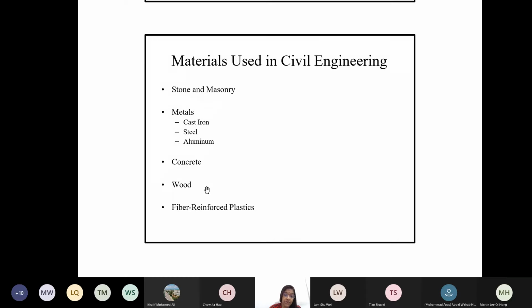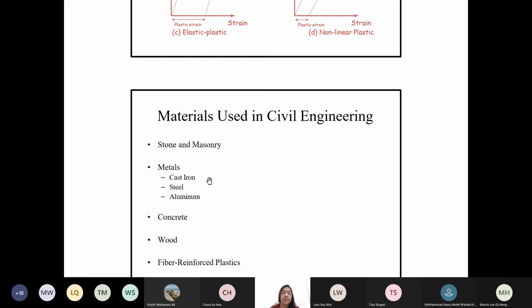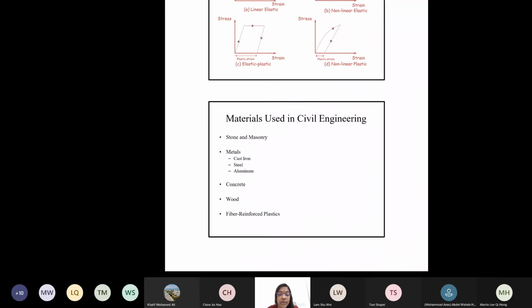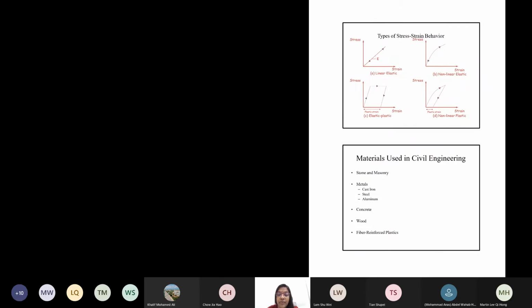Stone or masonry, it can be a wall, it can be a stone, or metals, cast iron, steel, aluminum, and concrete, wood, and fiber reinforced plastics. You just think of these materials and try to match them with this graph. I leave it to you, and then you can check with me if you have doubt.